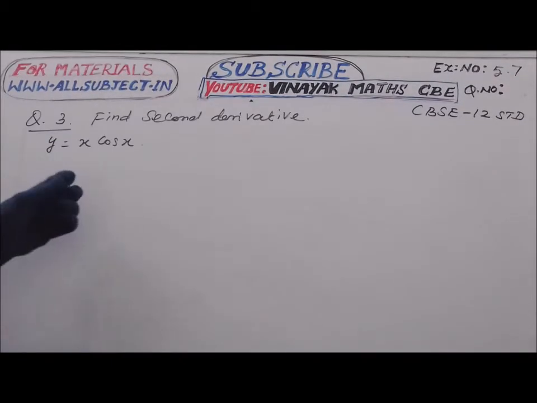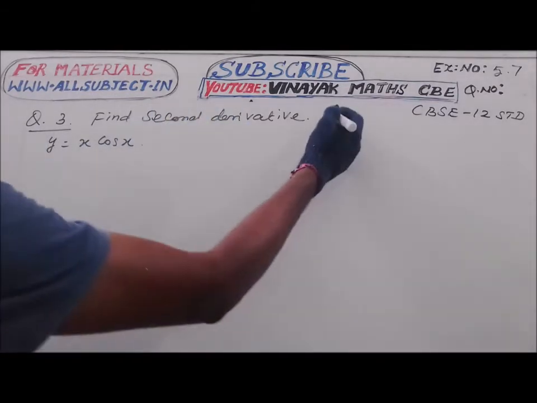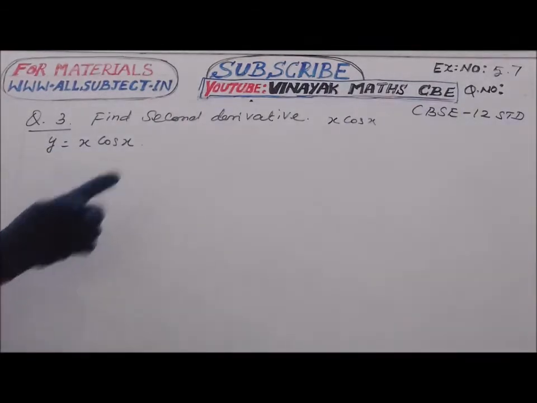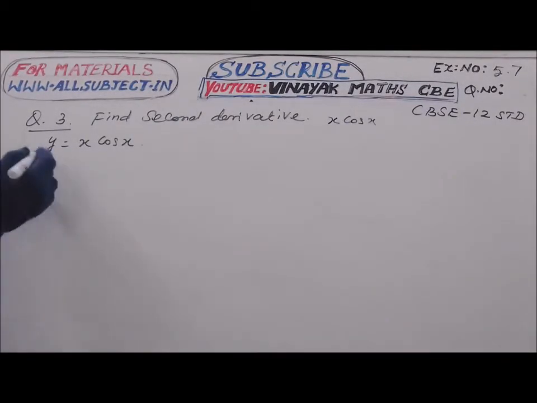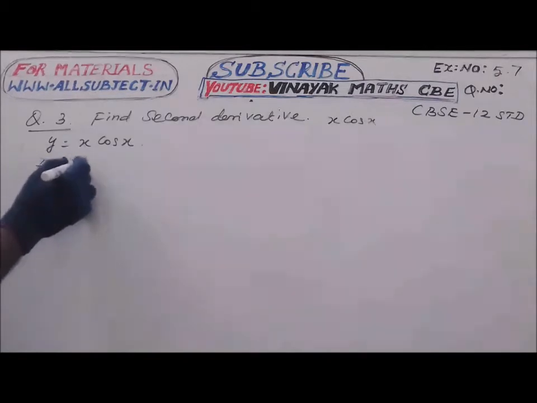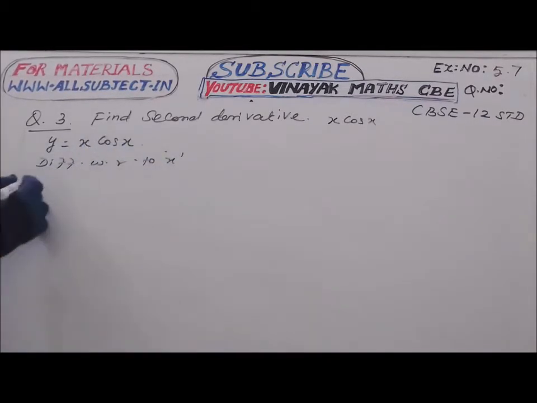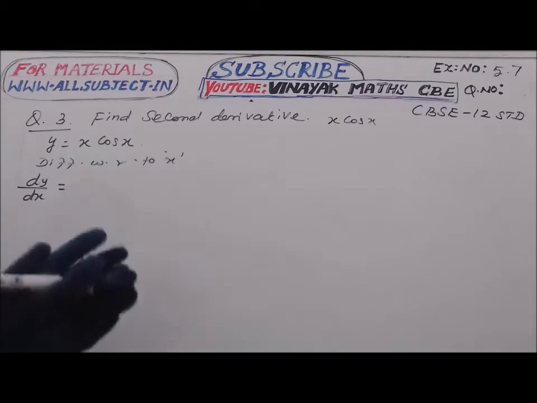Question number 3. Find the second derivative of x cos x. Given x cos x, let y equal to x cos x. Differentiating with respect to x, dy by dx is equal to, here there are two functions in product.